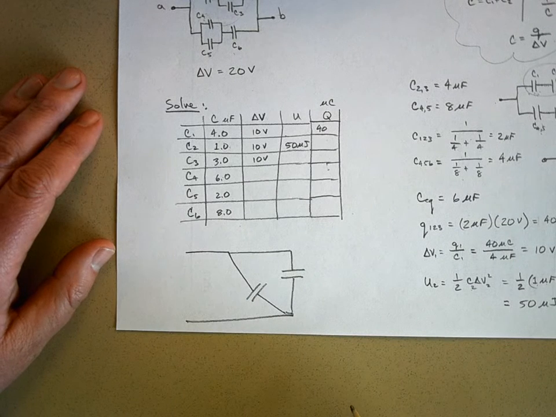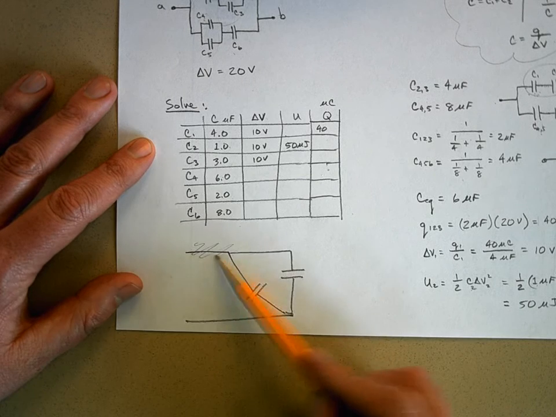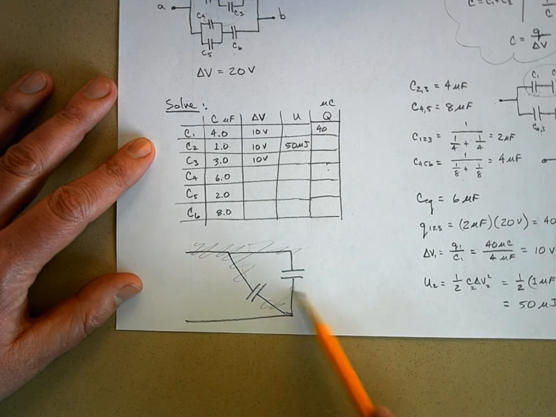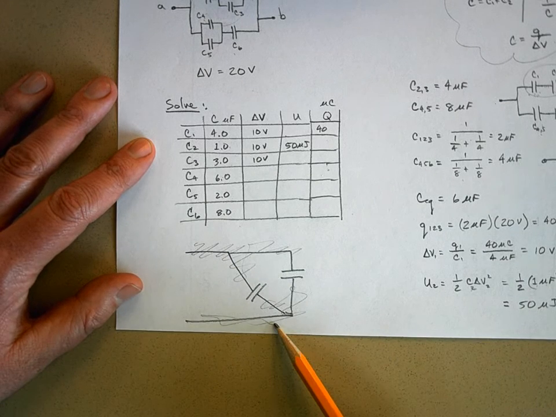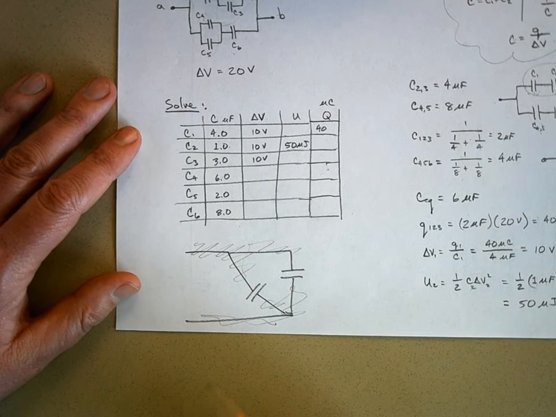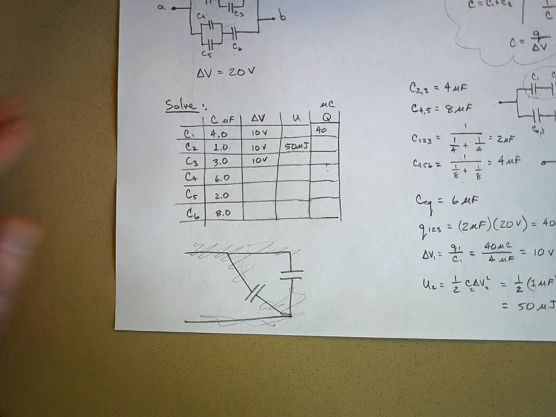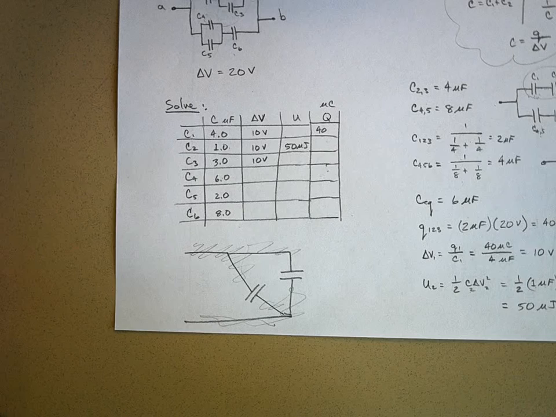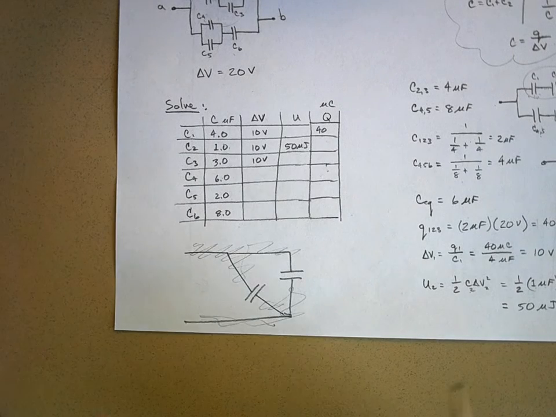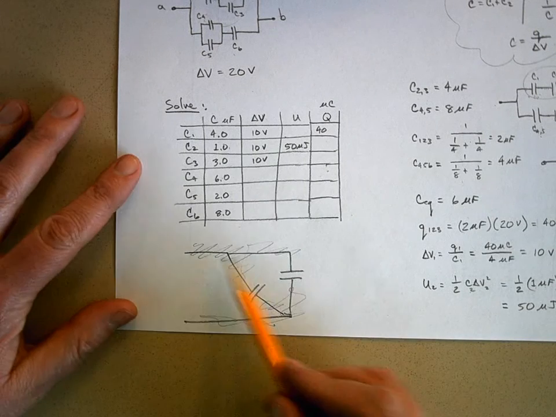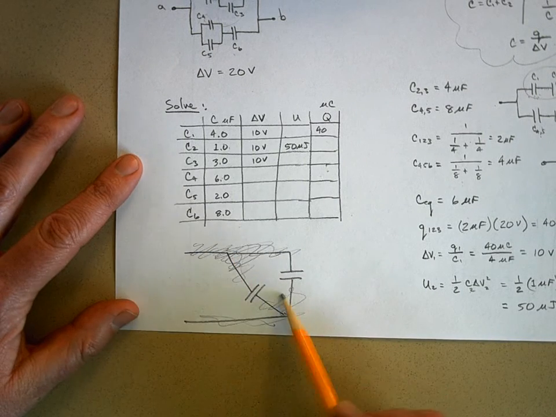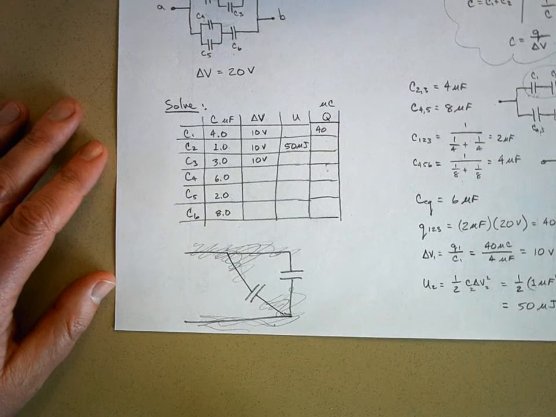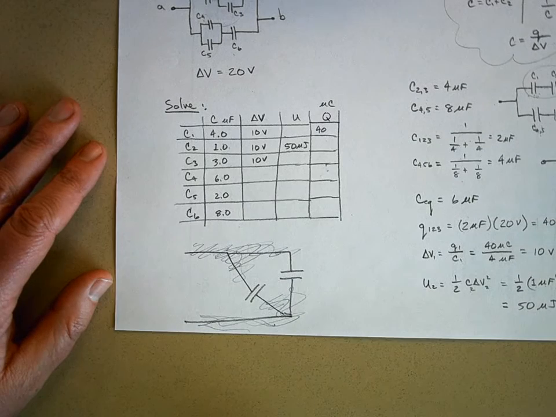They're in parallel because all this stuff is at one voltage and all this stuff is at a different voltage. It doesn't matter what the wires look like. You should see the wires on a robot. It's a rat's nest, you know, right? I mean, you guys will get it, but to figure out what's in parallel or series, it doesn't matter what shape the wires are. You say, okay, all this stuff is at one voltage, all this stuff is at a different voltage, therefore they're in parallel. Okay? All right, that's all.